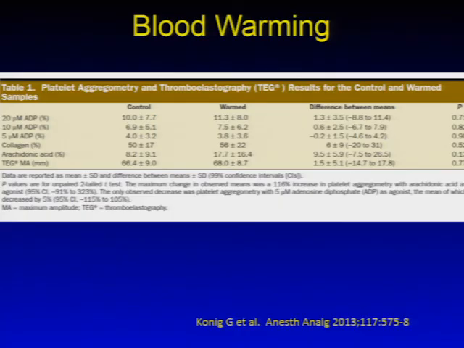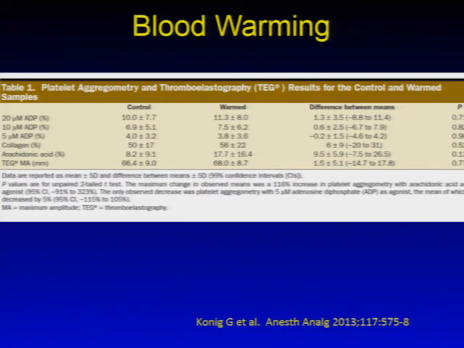I do want to mention a little bit of blood warming. There was a small study done by Dr. Koenig. Even though the study was small, there's a lot of discussion about platelet warming and whether platelet warming is good or what the effects of it are. Basically, the results of this study do not support the prohibition against mechanical platelet warming.